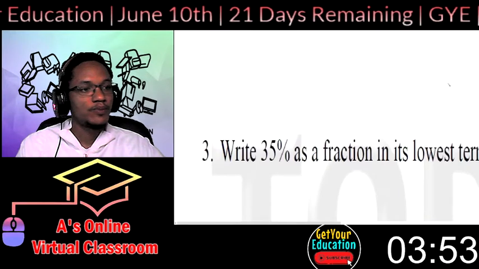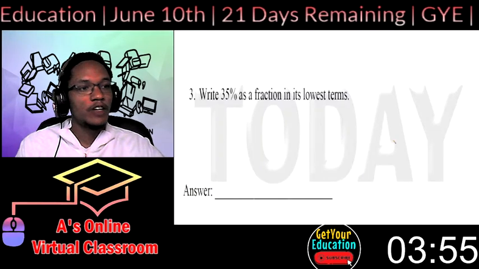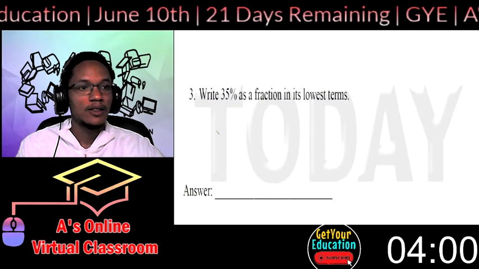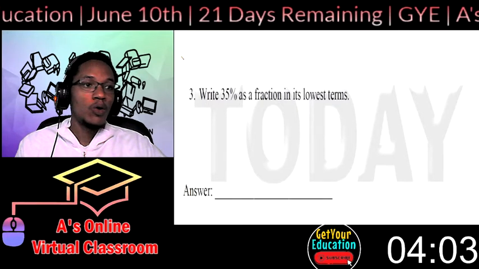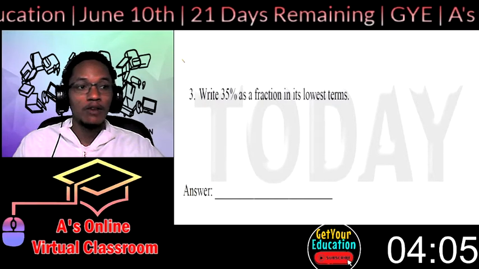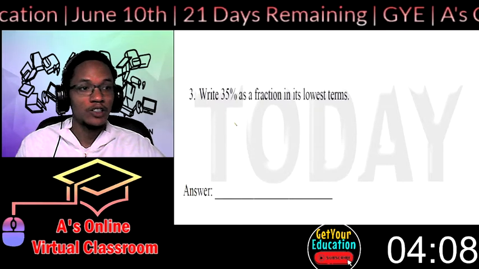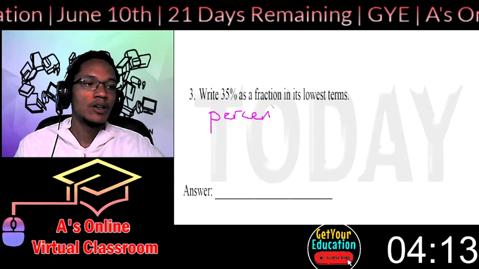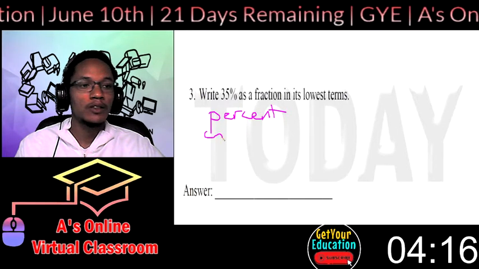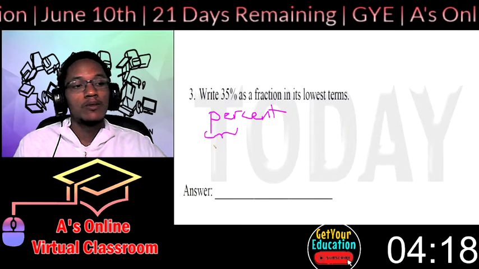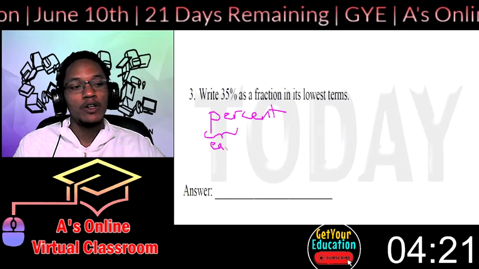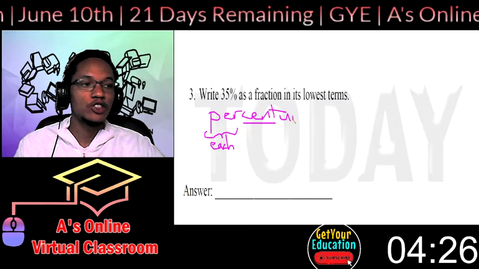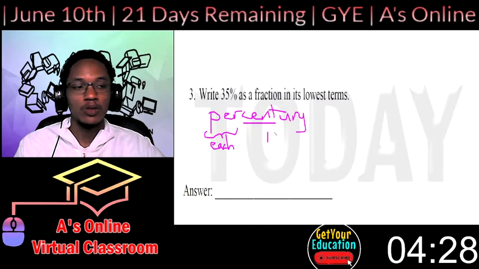Next question. Write 35% as a fraction in its lowest terms. So, just like a decimal, a percent is actually a fraction, because percent means per, first part of the word, the prefix, means each or every, and this cent does not come from money, it comes from the word century, which represents 100.